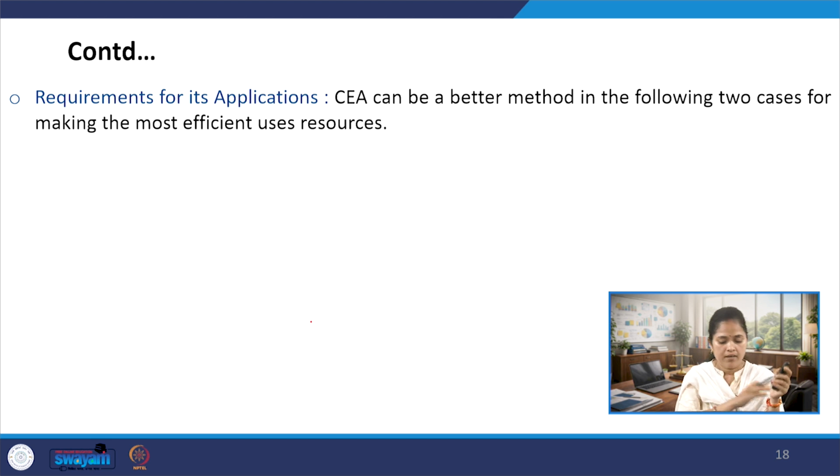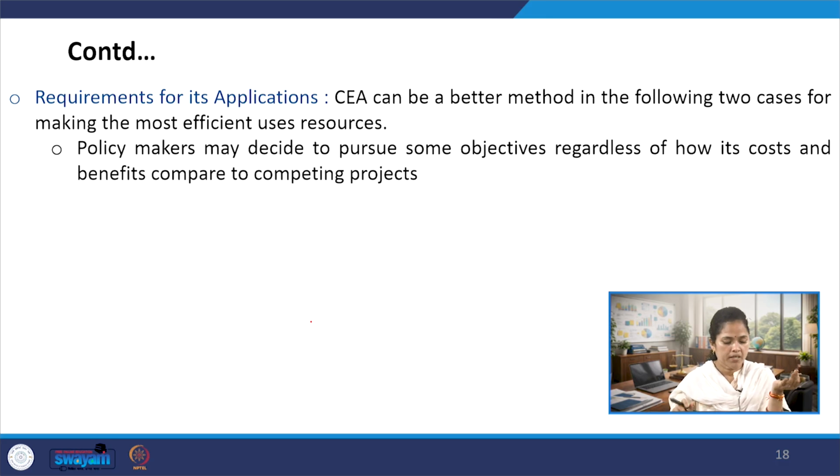Okay. And there are some requirements for this cost effectiveness analysis, because as you understand, it can be a better method in some situations, for making decisions about the efficient use of resources. The first case could be when the policymakers have already decided to pursue some objectives regardless of the cost and the benefits compared to competing projects.